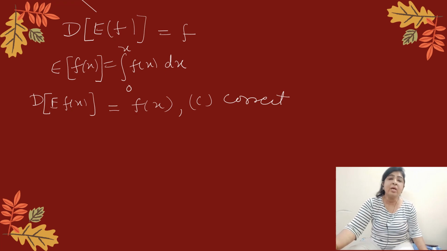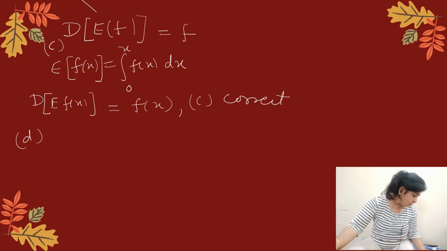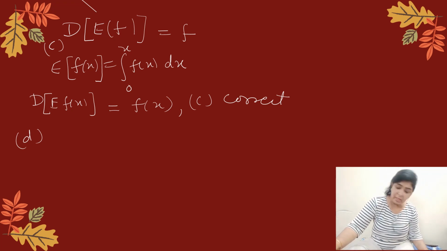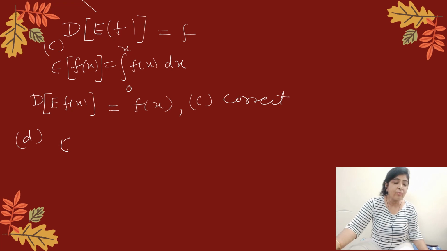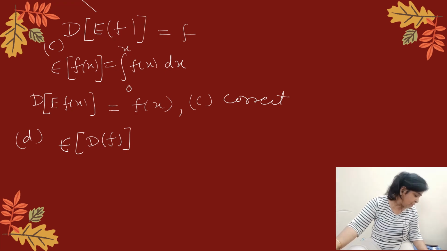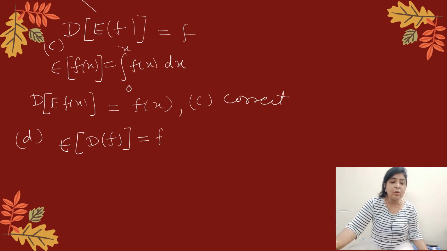C is correct. Now the next option is that you have to prove that E of D of f is equal to f for all f.